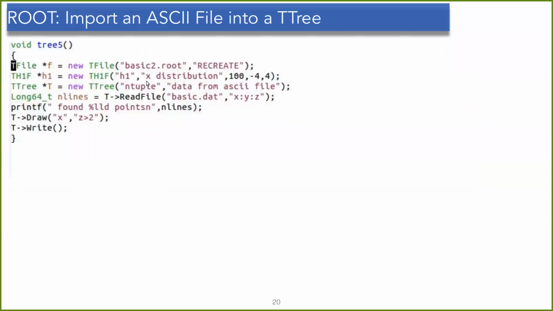For example, if you have a dat file called, say, basic.dat, where you have three columns, X, Y, and Z, and you want to convert it to a tree, you first define the tree T, then call ReadFile. It will read this dat file and convert it into a tree with three different branches, X, Y, and Z. So you can directly convert that file to a tree.